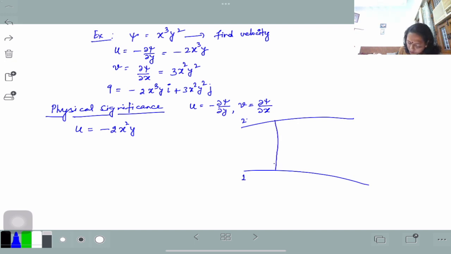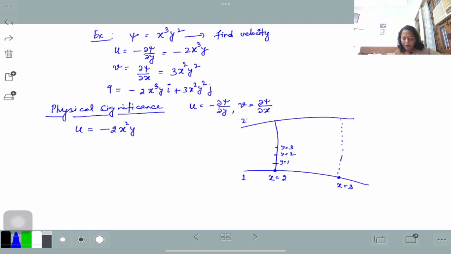At this cross section, let it be y is equal to 1, y is equal to 2, y is equal to 3. Likewise, I can take more values, and let at this point x be 2. Similarly, let at this point I take x is equal to 3, and naturally corresponding to x is equal to 3, there will be values of y.